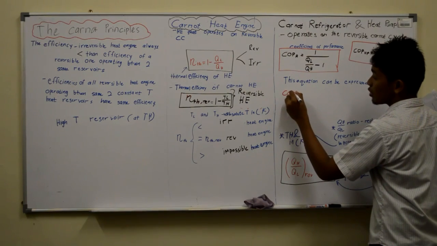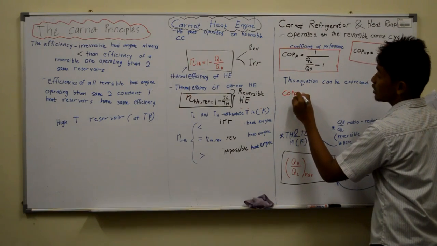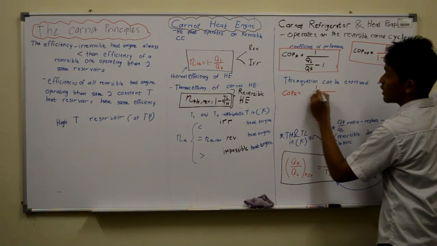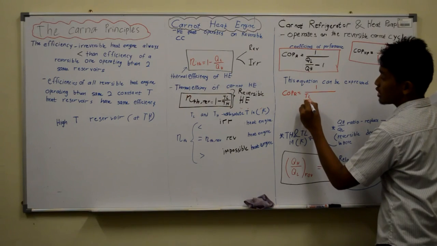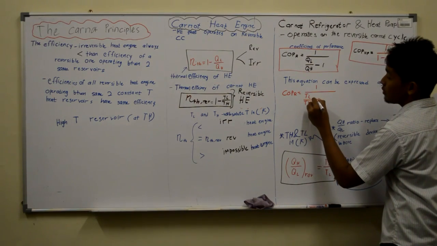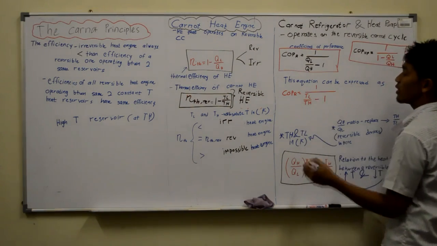COP equal to 1 over (TH over TL minus 1).